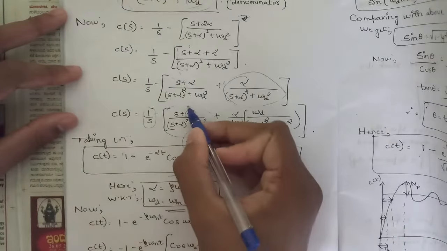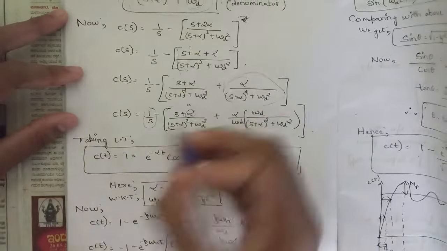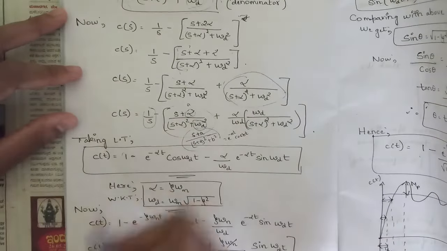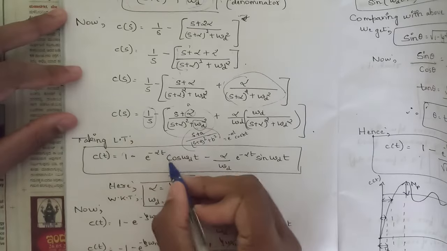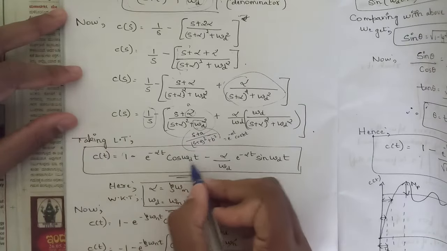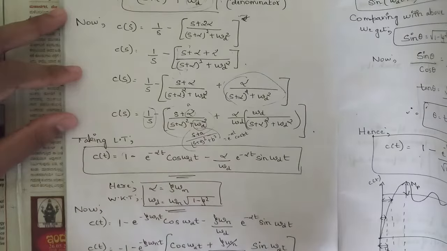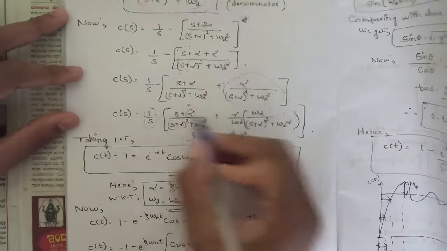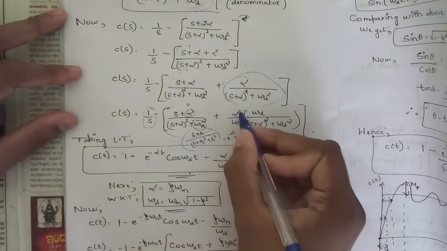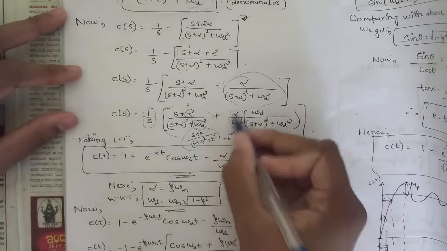In place of a we have alpha, and in place of b we have omega d. So our Laplace transform is e to the power minus alpha t cos omega dt, minus, because I have removed the bracket, so minus into plus would be minus alpha divided by omega d, keep it as it is.